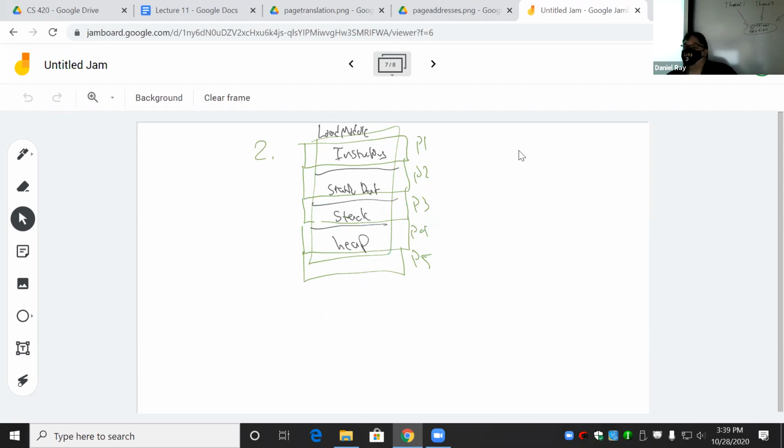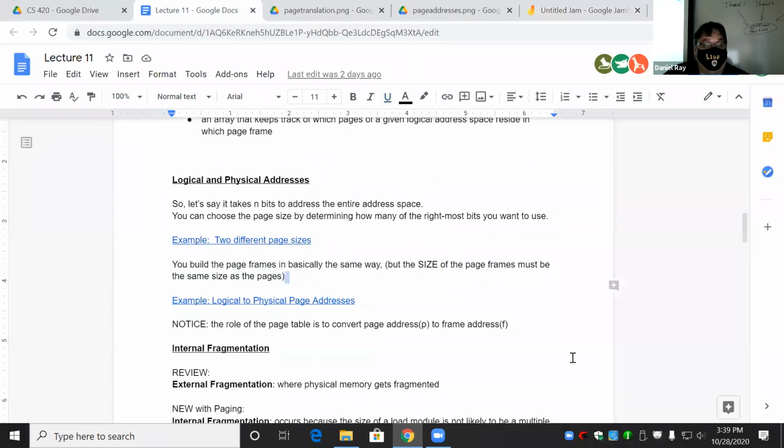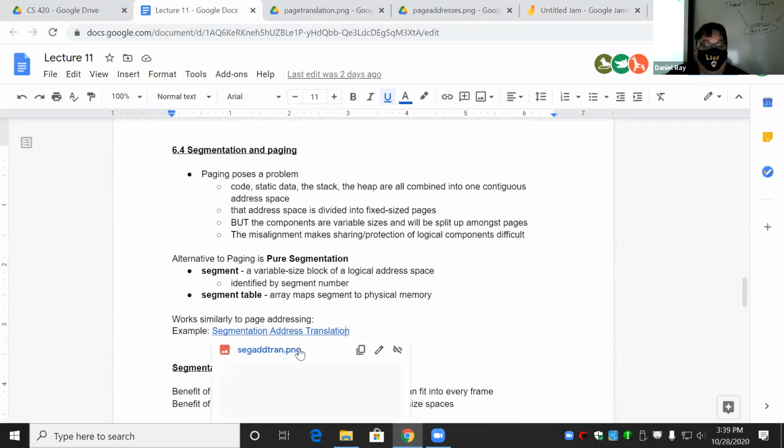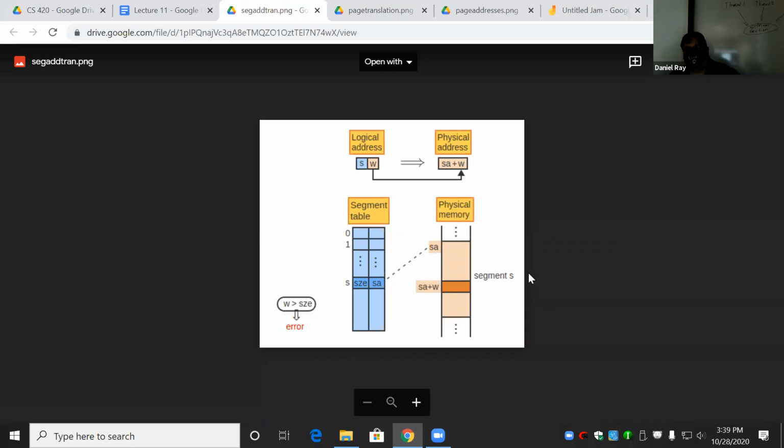But they don't necessarily have to be fixed size chunks, so that we can keep the logical components of the load module together inside the same chunk. Does that make sense? And the addressing for this is not very different from what we had done before with paging.